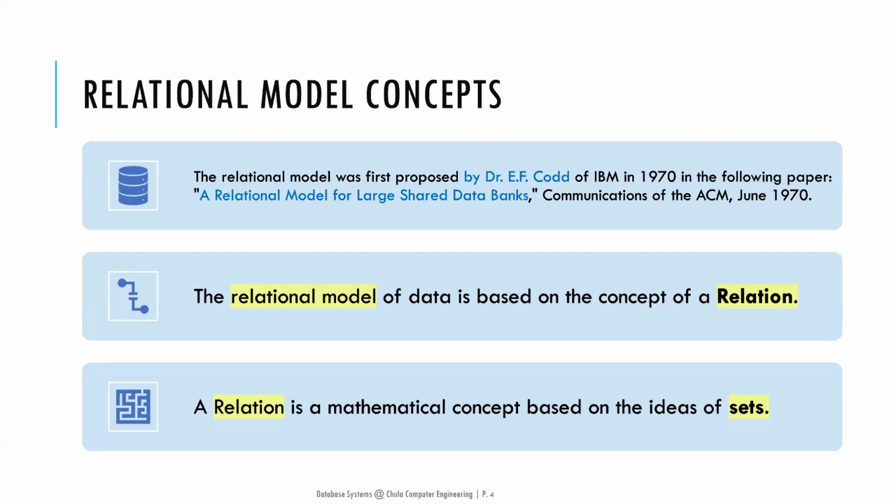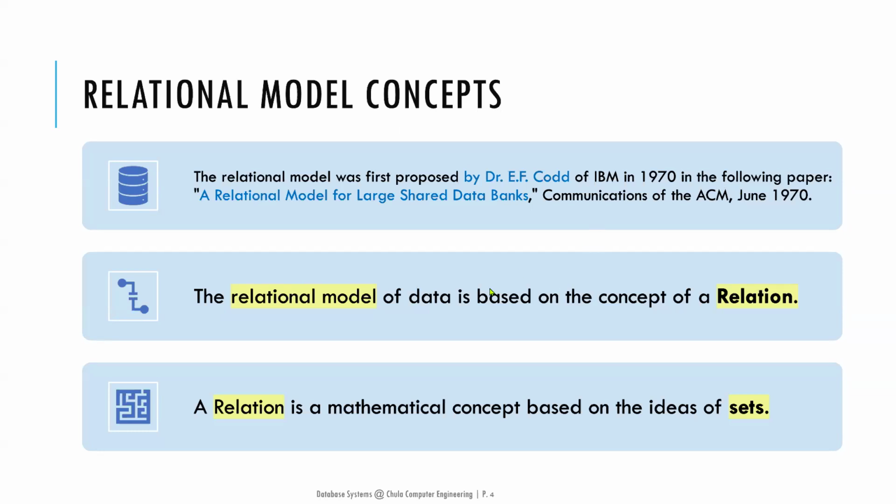So the concept of the relational model, again, was proposed in 1970. I can't really think of any other computer technology that is that old and still being used today. So basically it was introduced more than 50 years ago. And if you are interested in learning more, you can read this paper that I listed here.